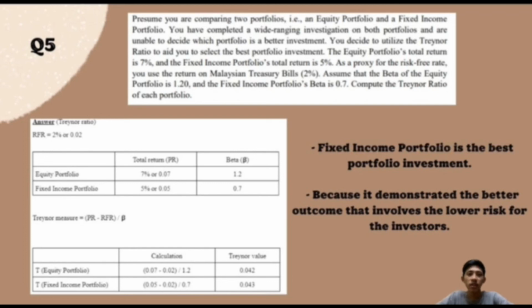So the Treynor value for the equity portfolio equals 0.042, and the Treynor value for the fixed income portfolio equals 0.043. So from the table, we can conclude that the fixed income portfolio is the best portfolio investment because it demonstrates the better outcome that involves lower risk for the investor. That's all from me.